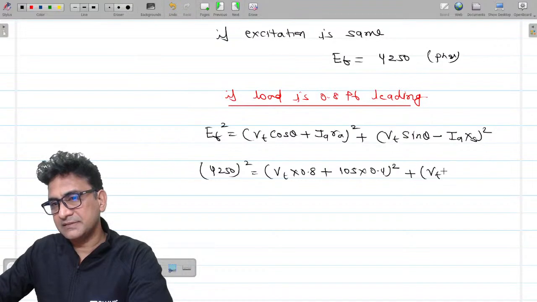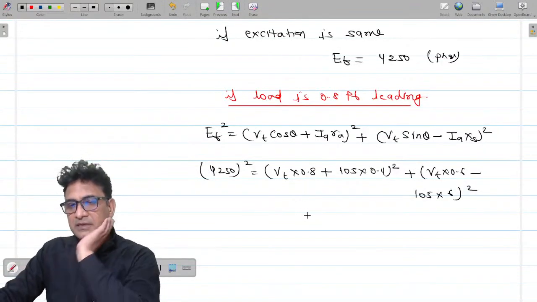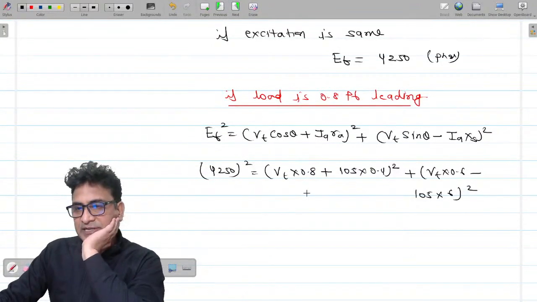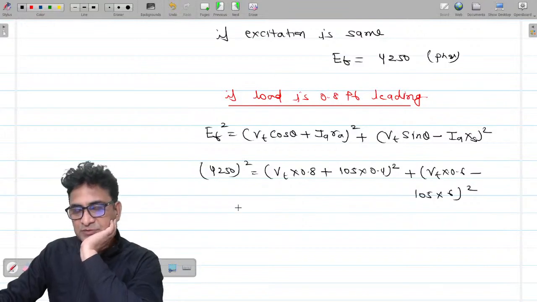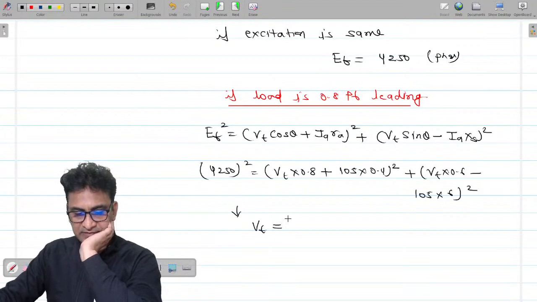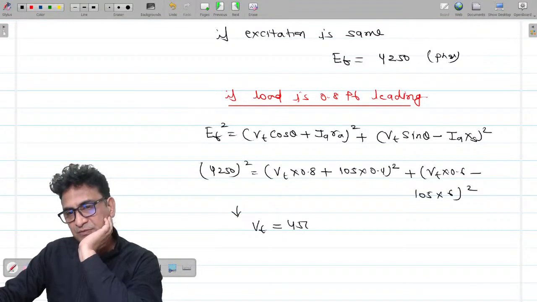Vt sin theta minus IA XS square. This will be a quadratic equation in terms of Vt square. You have to solve this quadratic equation to find out the value of Vt. When you solve it, you will get 4560 volt.